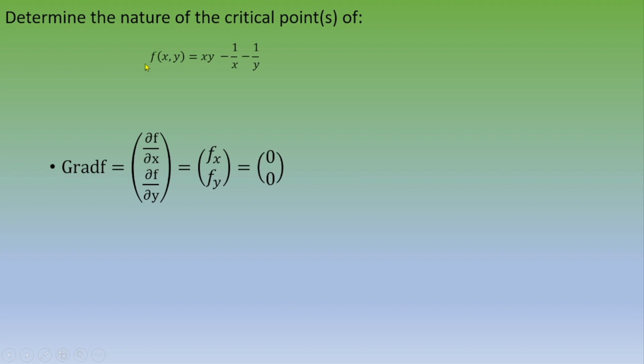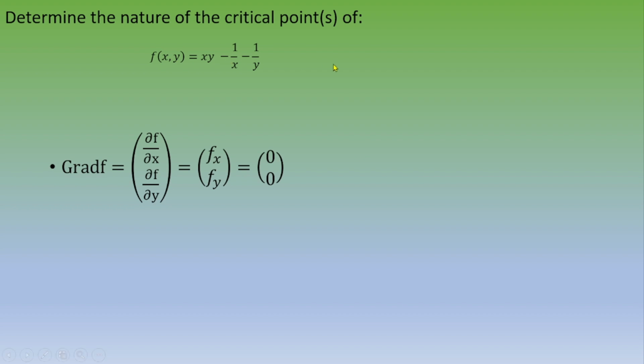So first, we are going to set the domain of definition, and the domain of definition, this is all the real numbers except if x equals 0 and y equals 0. Then, if you want to find the critical point or critical points, you need to calculate the first order partial derivative and set that equal to 0.